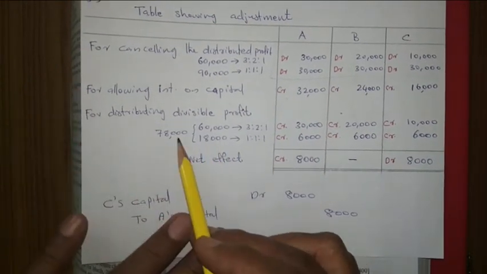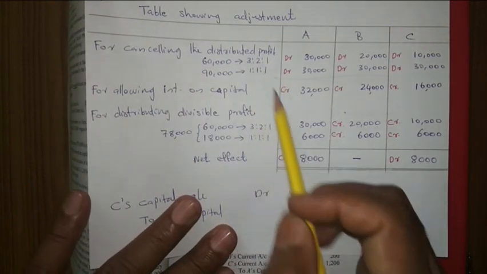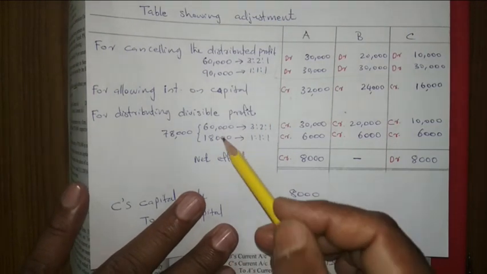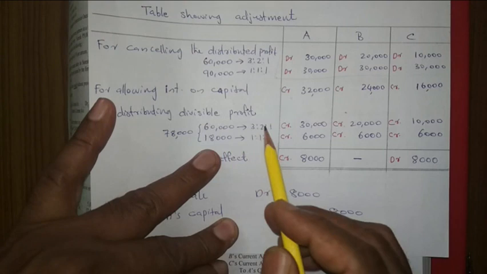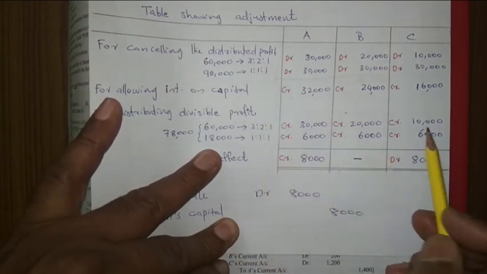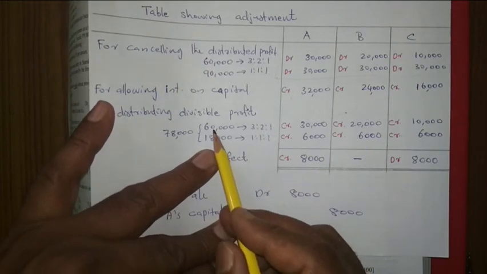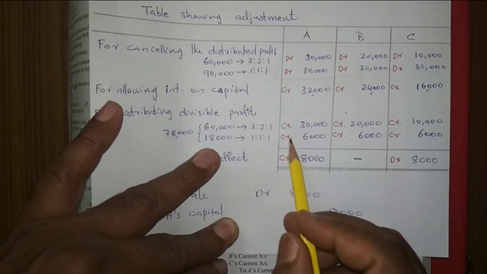Okay. Then the 78,000 we have to distribute in this way. First 60,000, then above 60,000 it is 18. The 60,000 we distribute in the same ratio 3:2:1, we credit. After that 18,000, the amount above 60, we distribute equally, we credit.